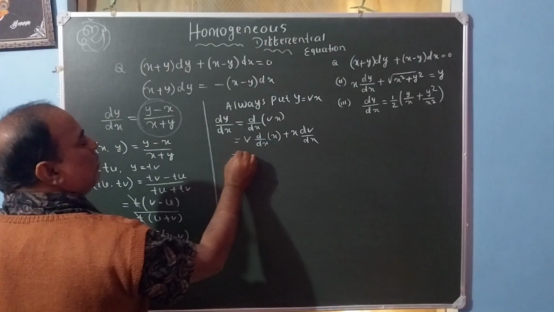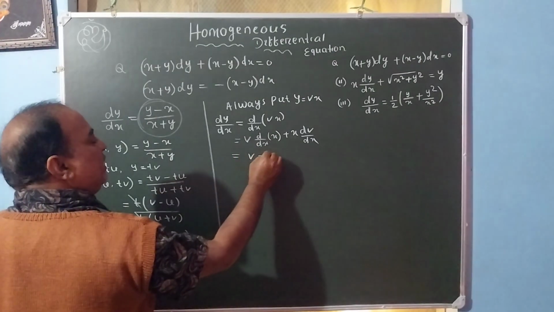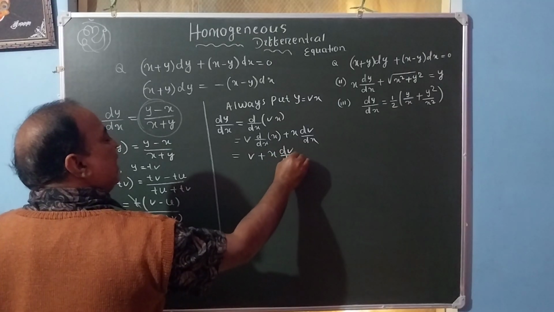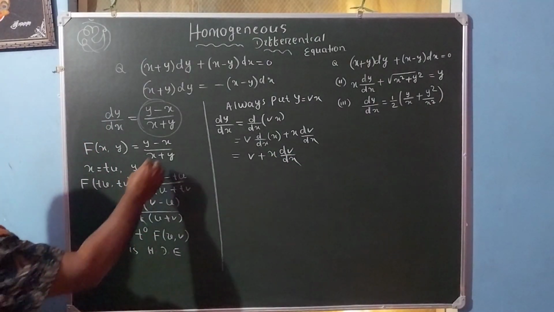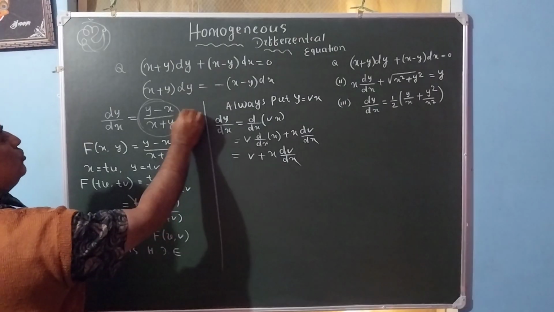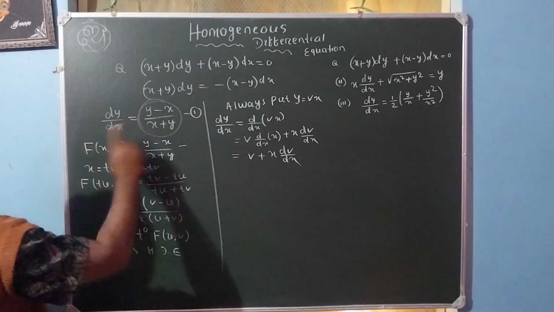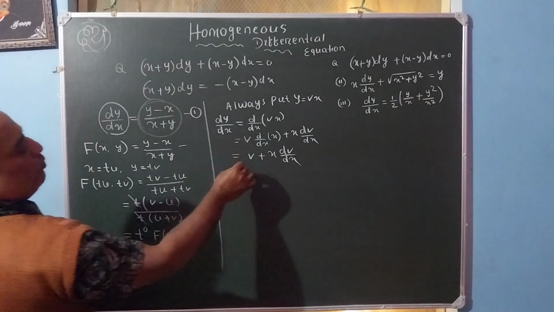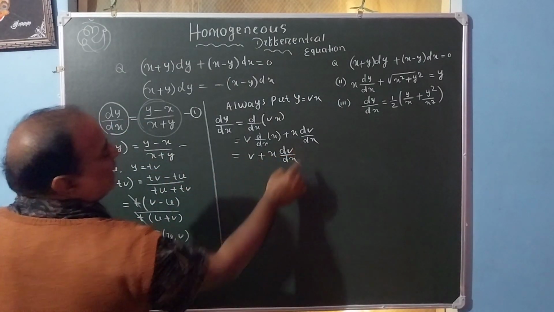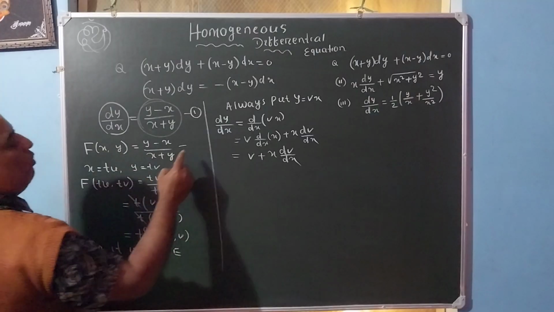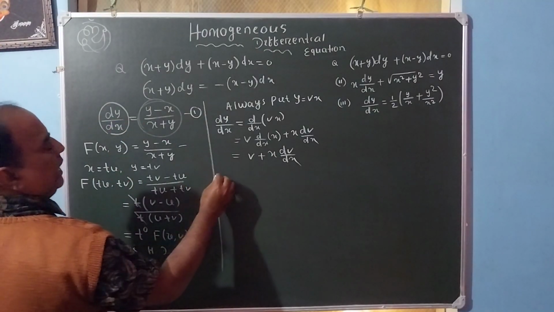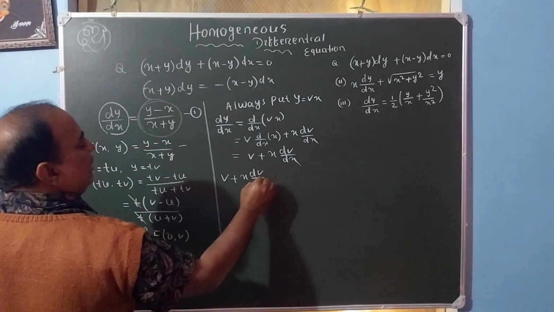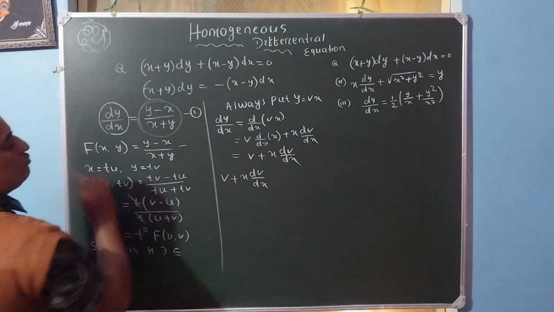Derivative of x is 1. So it is v + x dv/dx. Now the equation 1 becomes, in place of dy/dx, we have to put v + x dv/dx.